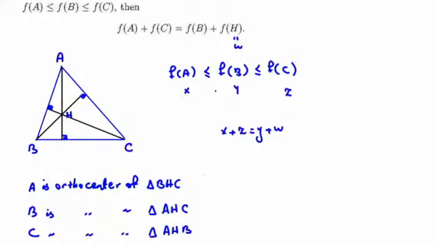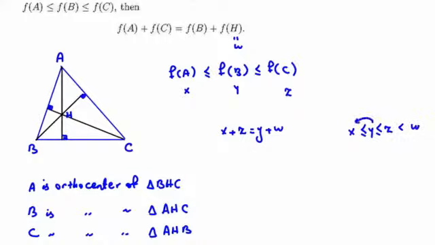Okay, now here I say X, Y, Z, W. W can be here, it can be here. So let's check. Because X plus Z equals Y plus W, if, for example, W is here, and W is greater than Z, it's not possible. Why?